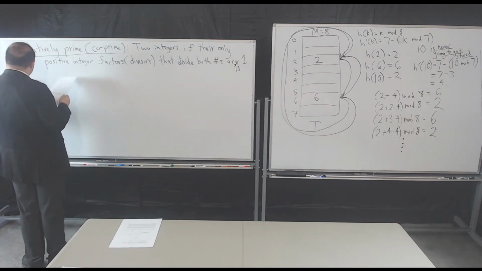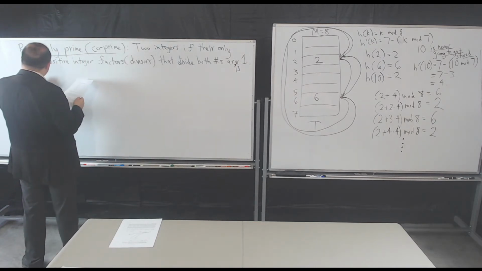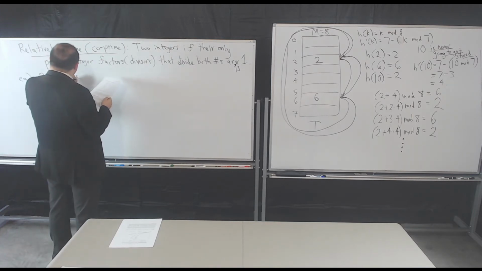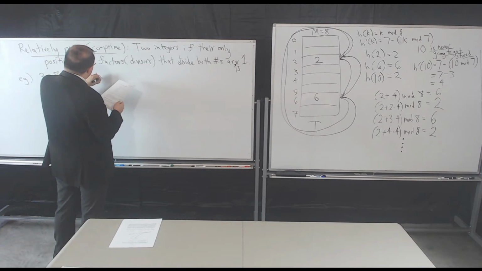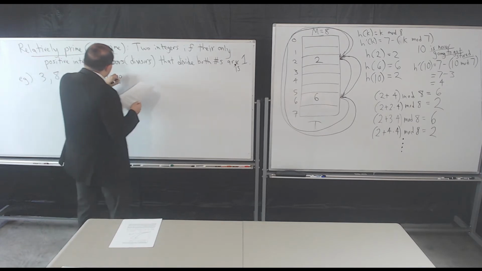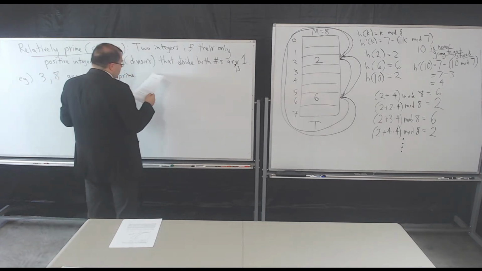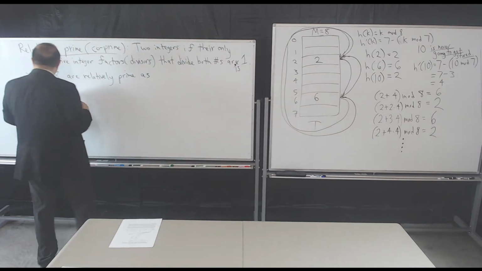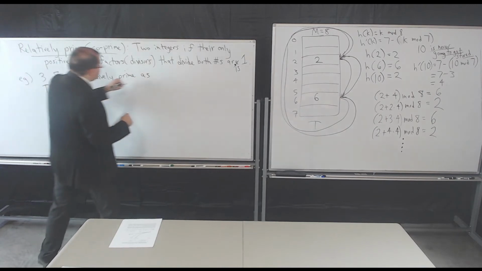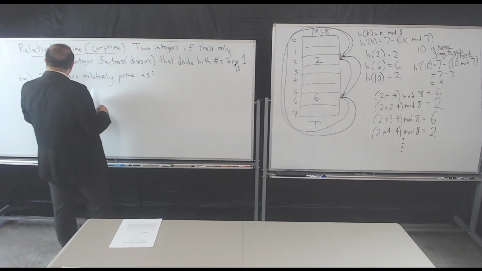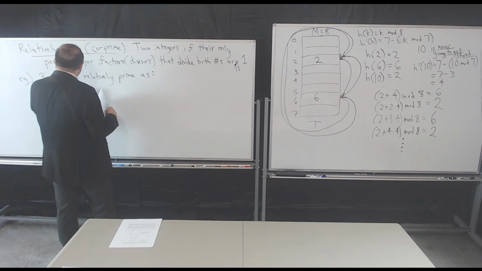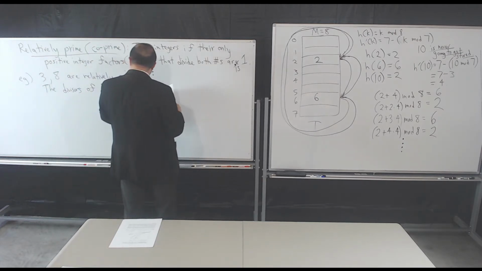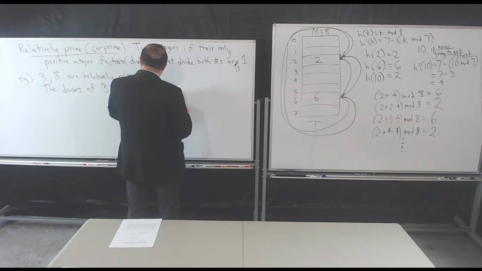Just as an example, if I consider integers 3 and 8, these are relatively prime, as the divisors of 3 are, 3 is a prime number, so it's 1 and 3.